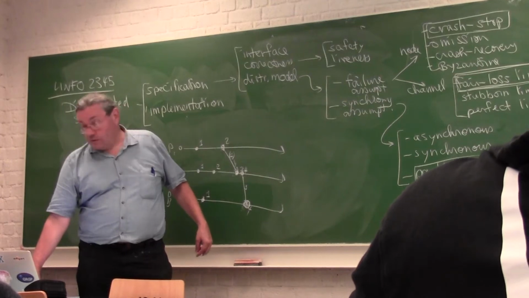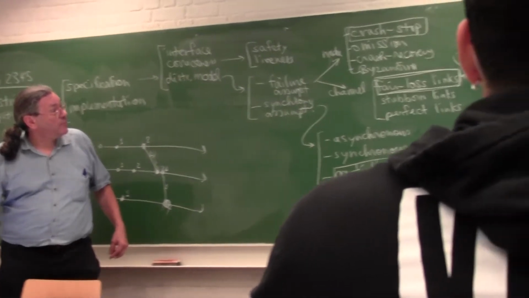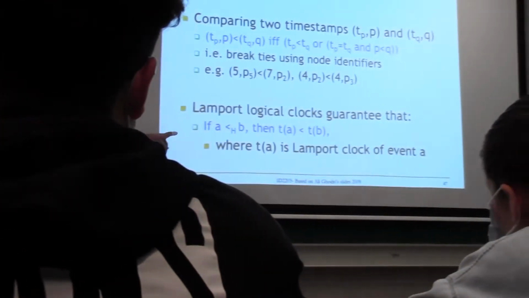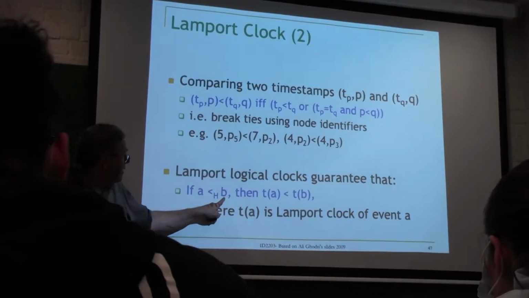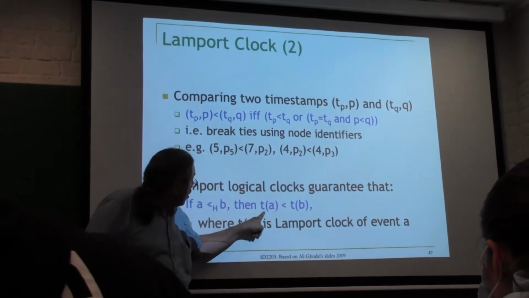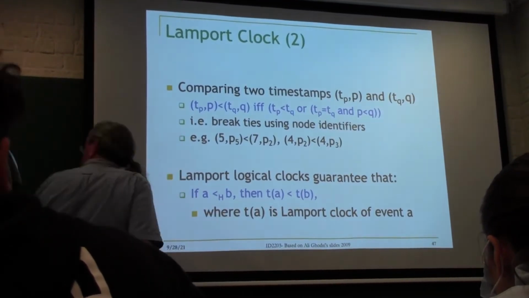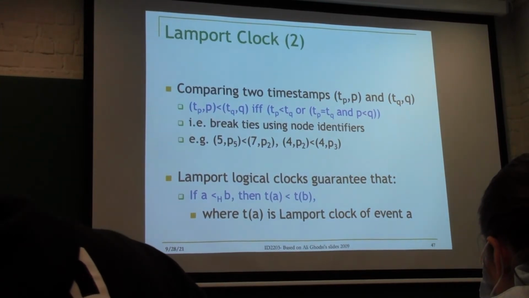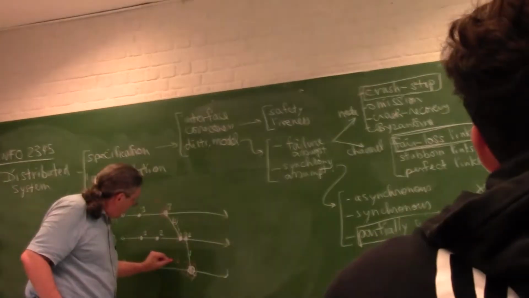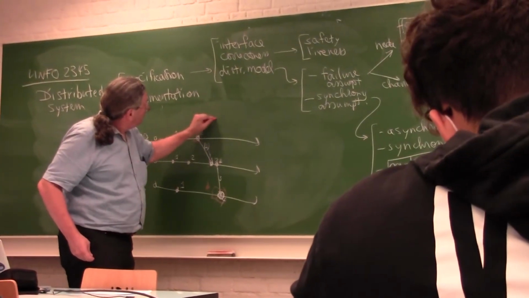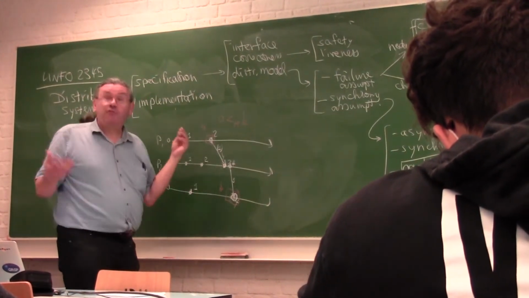So what does it tell me? If the event A happens before B, then T of A, which is the Lamport clock of A, will be less than that of B. So for example, if A is here and B is here, these 2 events, and we know that A happens before B, then 2 is less than 4.